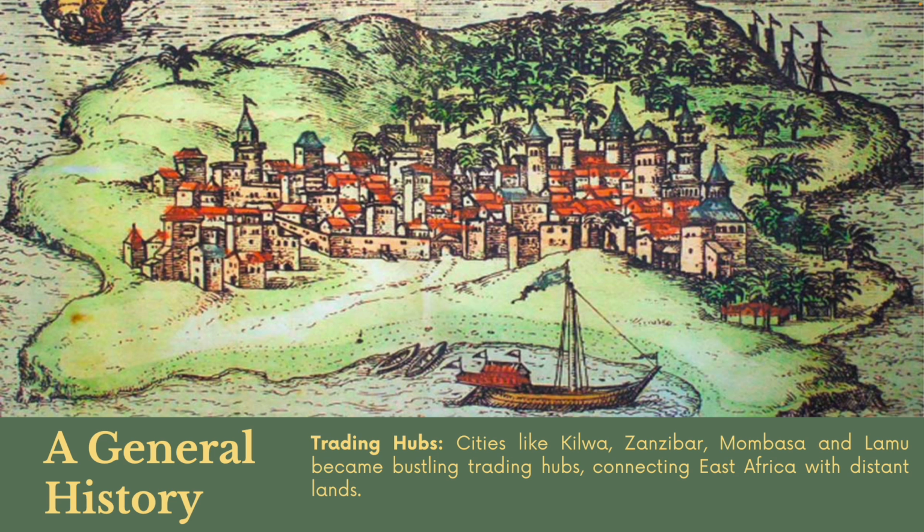Okay, so we see that it says cities like Kilwa, Zanzibar, Mombasa, and Lamu became bustling trading hubs connecting East Africa and distant lands. So interestingly, the Kilwa Sultanate was the island state that dominated medieval East Africa.